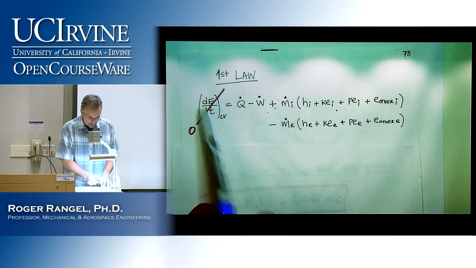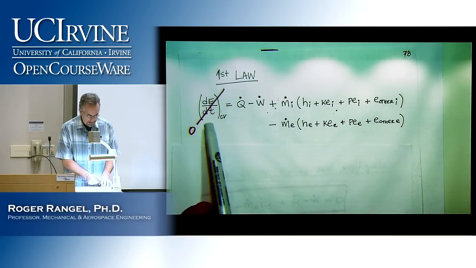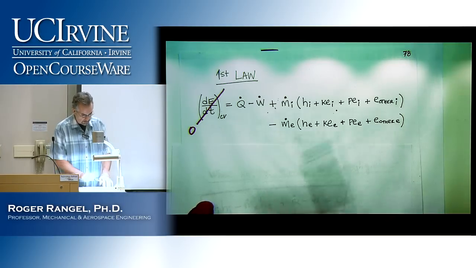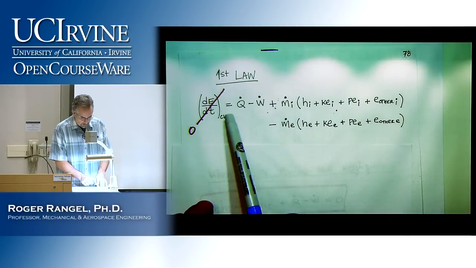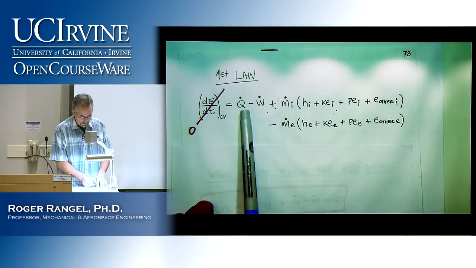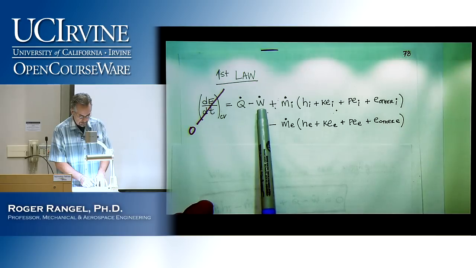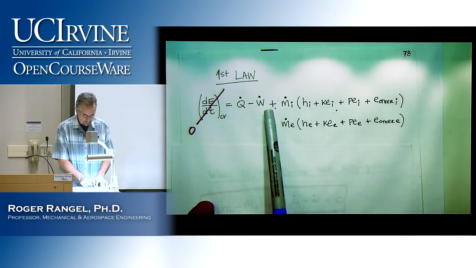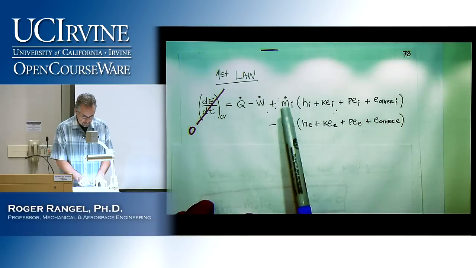So again, the left-hand side is the rate at which the total amount of energy is changing inside the control volume, equal right-hand side the rate at which heat is being added to the control volume minus the rate at which work is being done by our system inside the control volume, and then the flow terms.